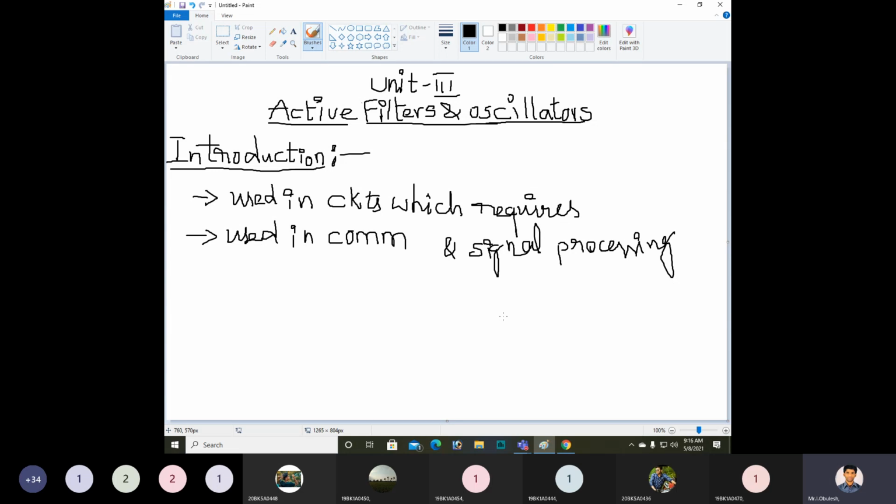The filters are of two types. Here the filters are classified into two types.